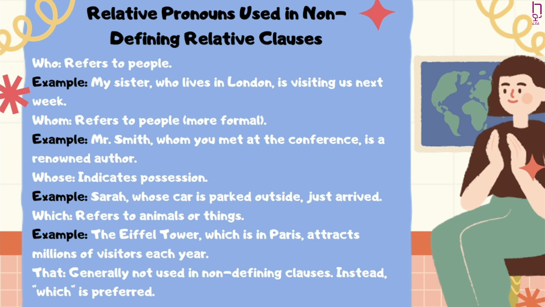For example, the Eiffel Tower, which is in Paris, attracts millions of visitors each year. Generally, this is how we use these relative pronouns in non-defining clauses. But that is not used in non-defining clauses; instead of that, which is preferred.